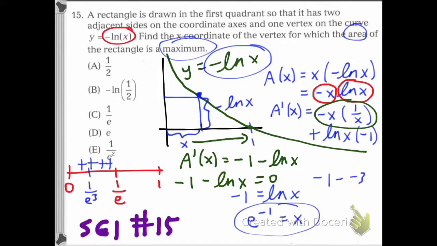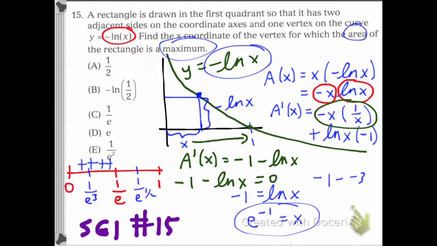How about 1 over e to the 1 half? Would that be bigger than 1 over e? Yes, as the denominator gets smaller, the fraction gets bigger, and that's certainly smaller than 1 as well.